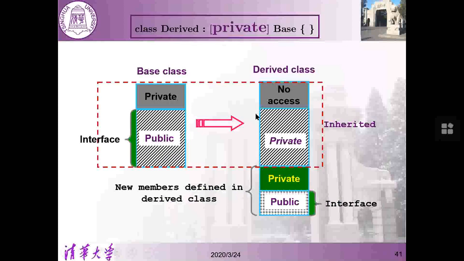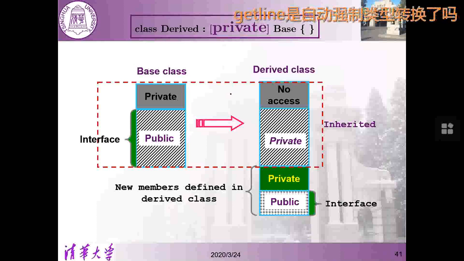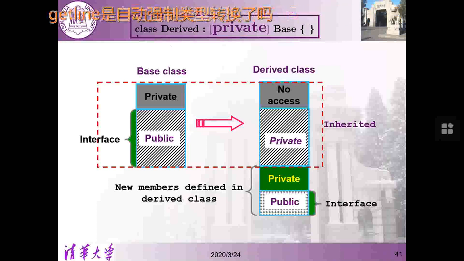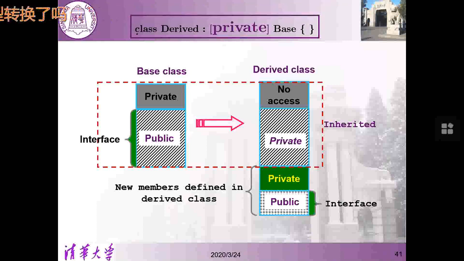So this is a public inheritance, and then we learned something about private inheritance. So for private inheritance, we still inherit. This is for getLine. Actually, we will do some upcasting.